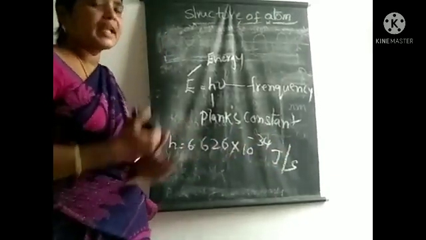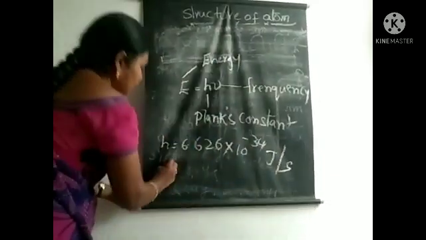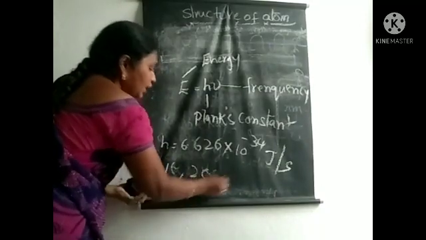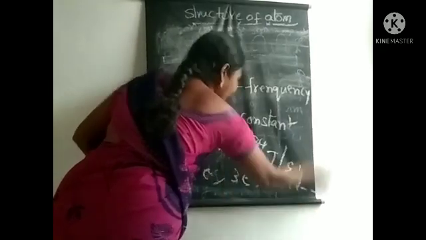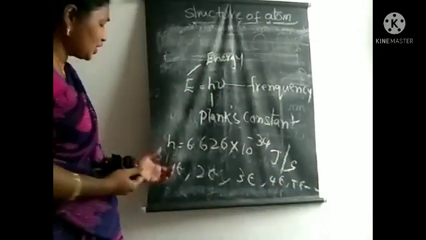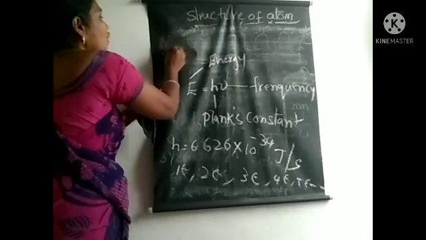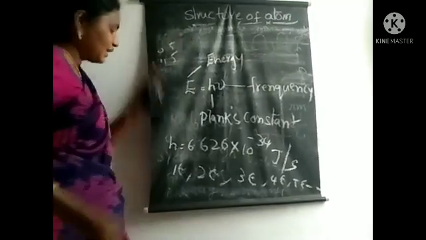Here, energy is emitted in the form of 1E, 2E, 3E, 4E, 5E, like that. Energy is not in the form of 0.5, 1.5, like that.